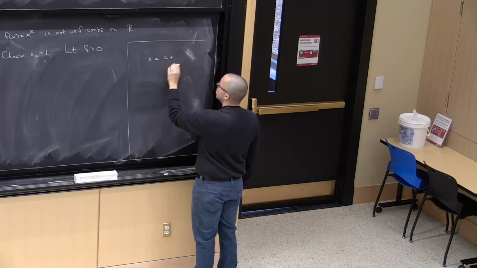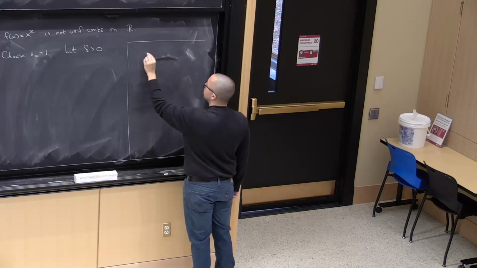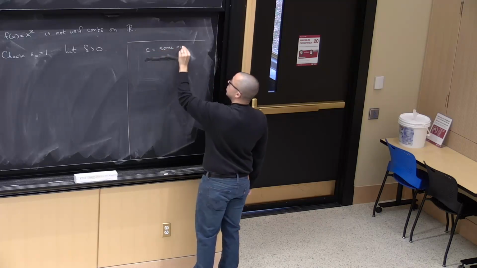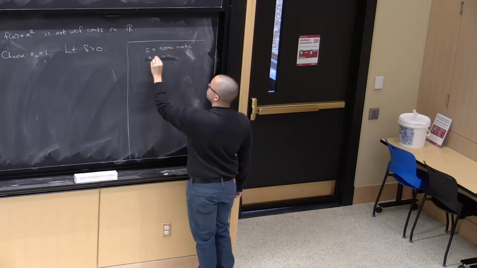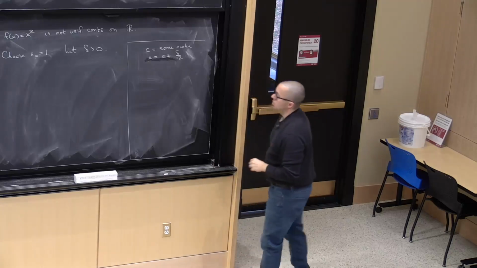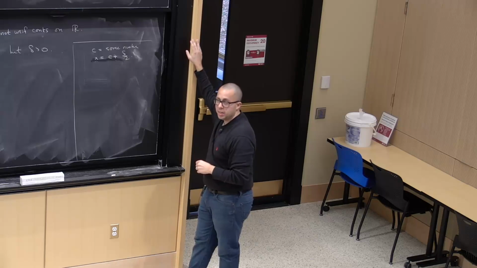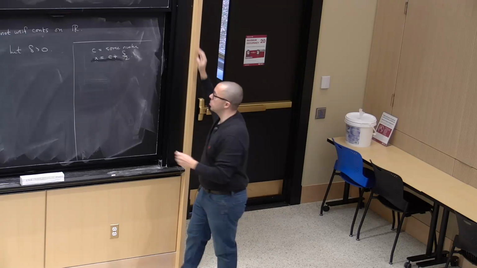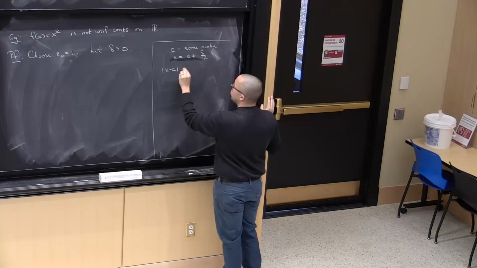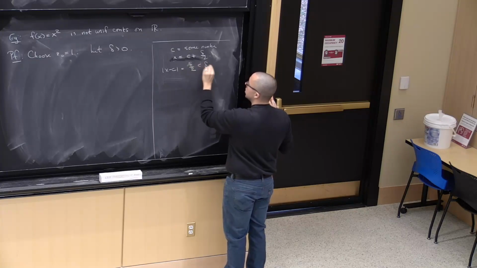Well, c will be some number, and x equals c plus delta over 2. Okay, so this is kind of scratch work off to the side. And let's see if we can somehow choose c so that, first off, x minus c will be delta over 2, which is less than delta.